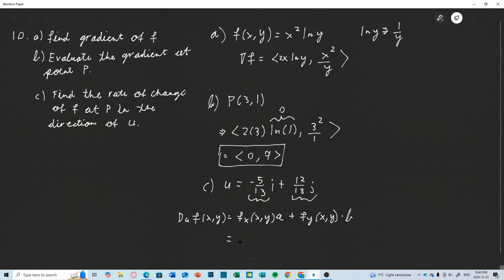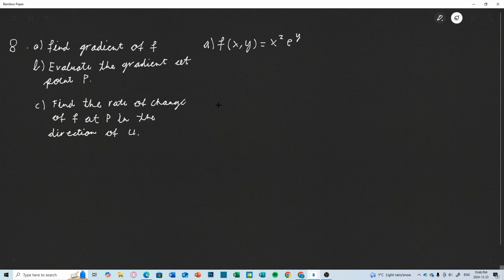So here we get 0 multiplied by negative 5 over 13, which just becomes 0, plus 12 over 13 multiplied by 9, which will give you your final answer of 108 over 13.